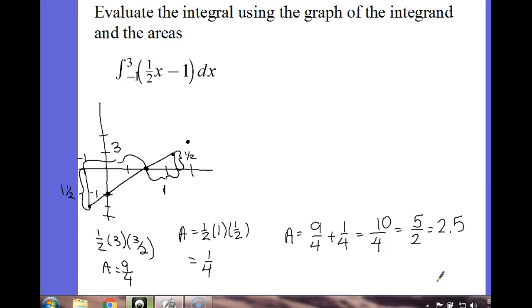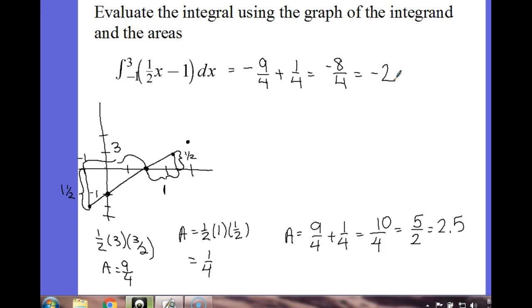So when I talk about the actual integral value, it would be negative 9/4 plus 1/4, which is negative 8/4 or negative 2. So the value of the integral does not have to match the value of the area.